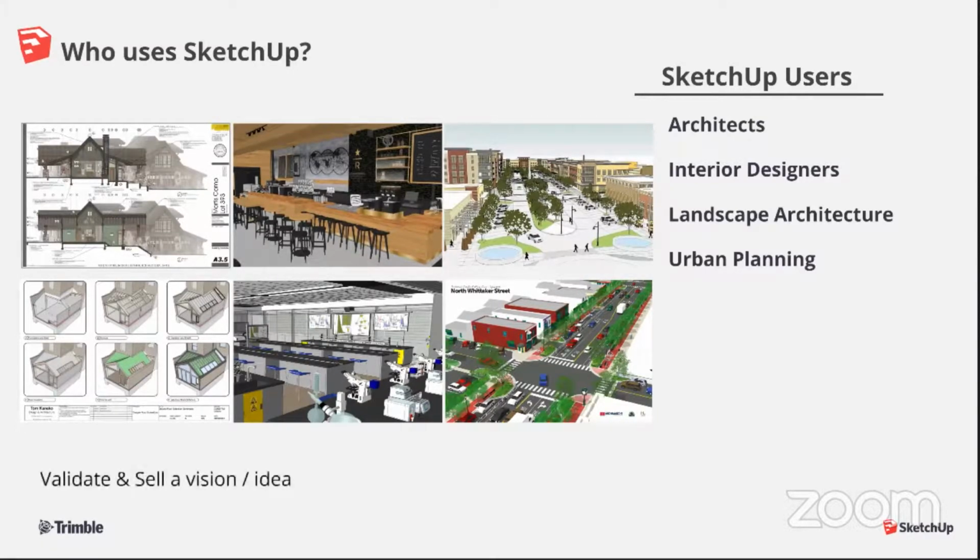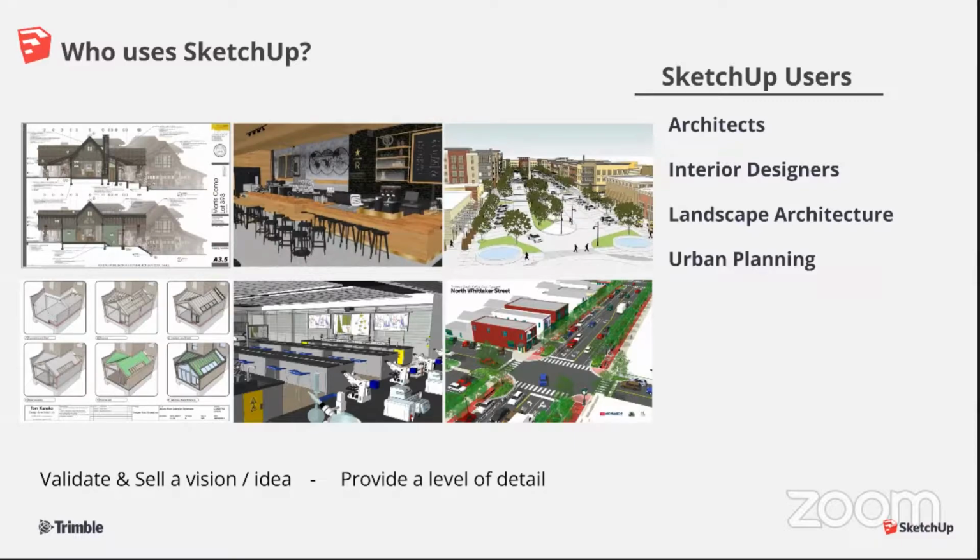And the reason why SketchUp is so successful in those areas is because it makes it very easy to validate an idea. So if you have an idea, this is a really quick and easy way to express that, present it in a very compelling way, explain what is going on, and get buy-in from customers, colleagues, or other stakeholders of the project.